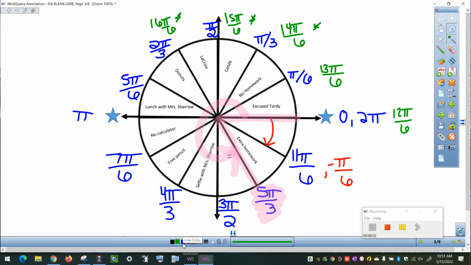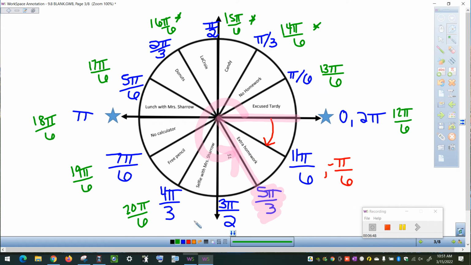And so if we were to think about these angles that I have labeled here in green, we want to keep counting upward until we can find 11 pi over 3. And I'm going to continue counting up by pi over 6. Now some of these could definitely be simplified, but I'm not going to simplify them all along the way here. I'm going to keep on going until I get something that could simplify down to 11 pi over 3.